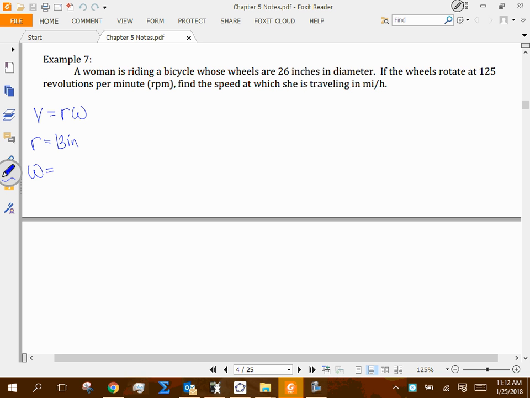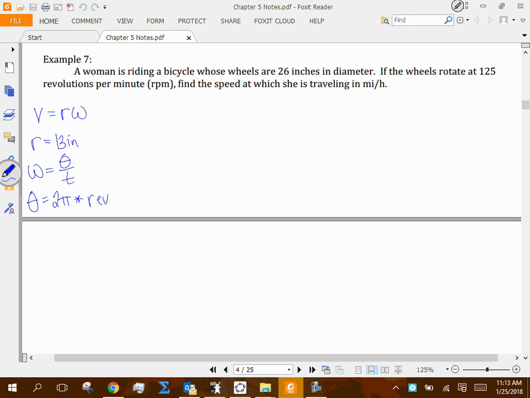Now they also ask you in this formula to find linear velocity, we have to find omega. And if you remember omega, that is theta divided by time, right? Well, theta, if you remember, that's 2 pi, which is 1 complete revolution around the circle, right? Times how many times those revolutions take place.